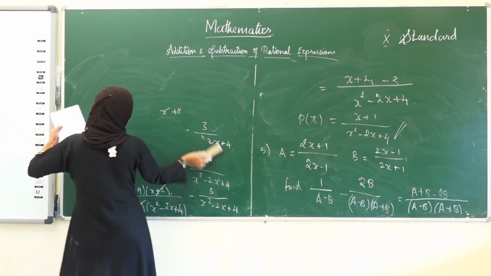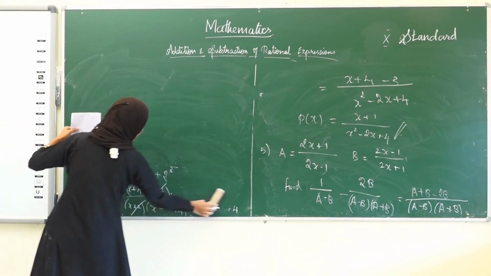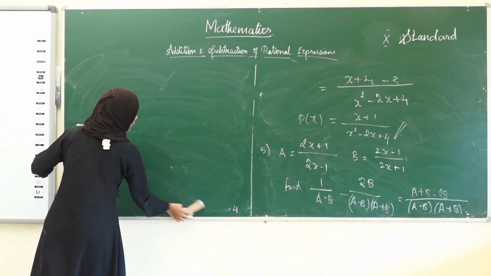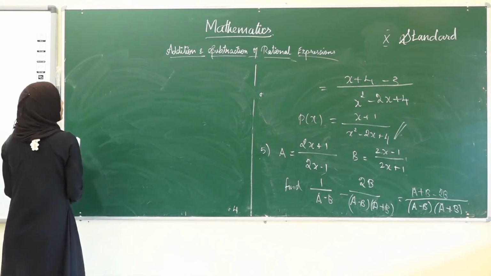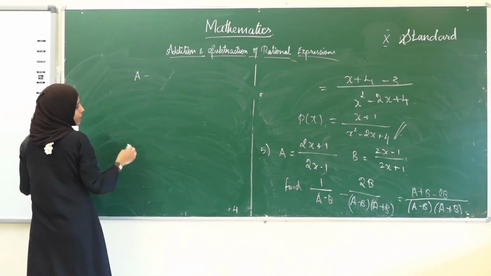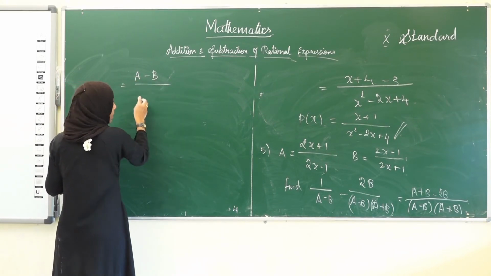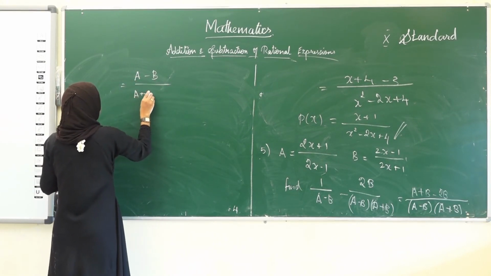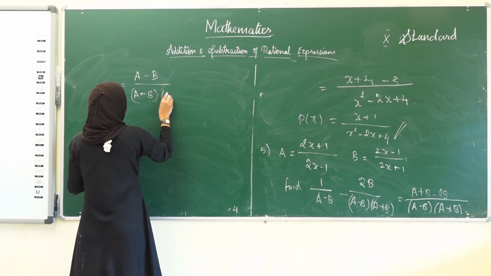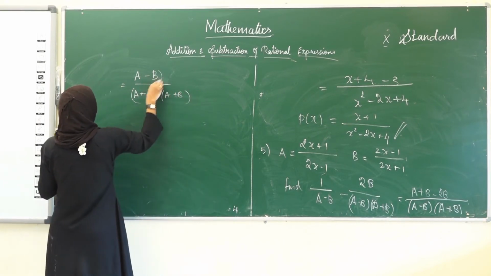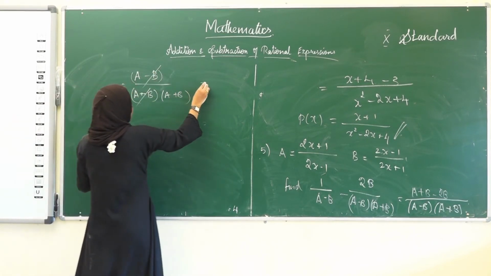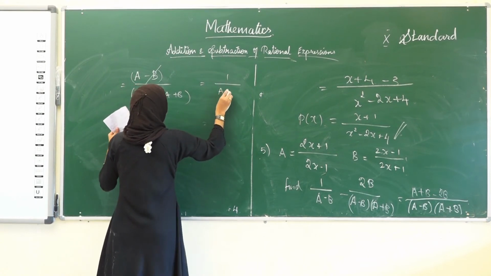Now see the numerator, a plus b minus 2b. So a minus b, and then minus 2b is minus b, divided by a minus b into a plus b. We have common terms, so we can cancel this. Therefore, we have to find 1 divided by a plus b.